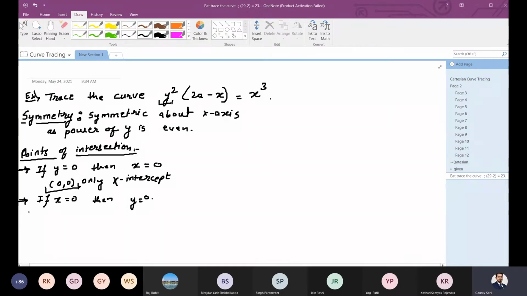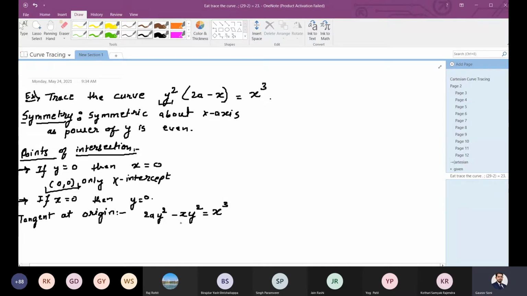So we'll talk about the tangent at origin. What was the criterion to find the tangent at origin? You equate the group of lowest degree terms to 0. Let me open the bracket: 2ay square minus x into y square is equal to x cube.